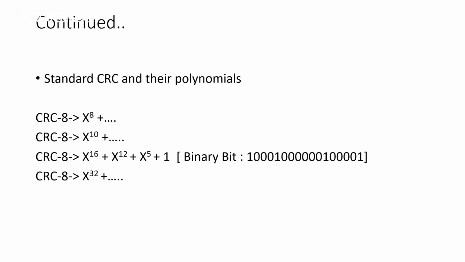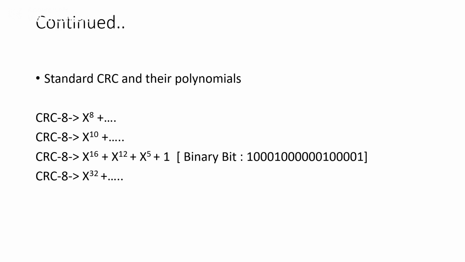In this case x to the power 16 is present, so put 1, and the remaining 15, 14, 13 are not there, so put 0. x to the power 12 is there, so put 1, and the remaining powers 11 to 6 are not there, so put 6 times 0, and so on. So we need to represent it in bit format.